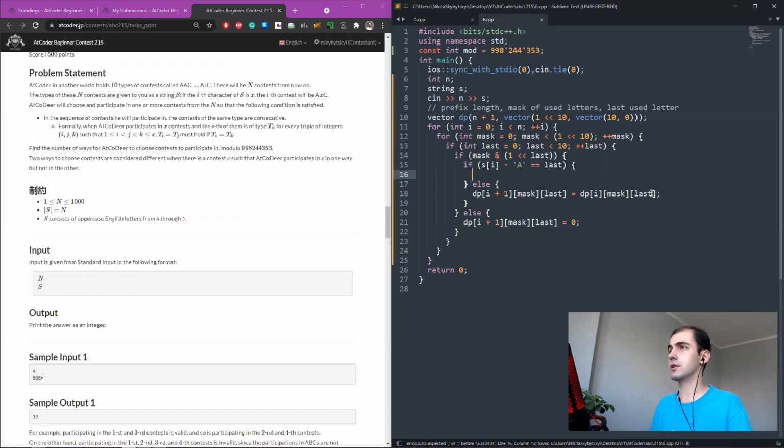Otherwise, we just can't use the current contest to change anything, so we just copy that value. Otherwise, we can append this to last, because this character matches last. We can append it.